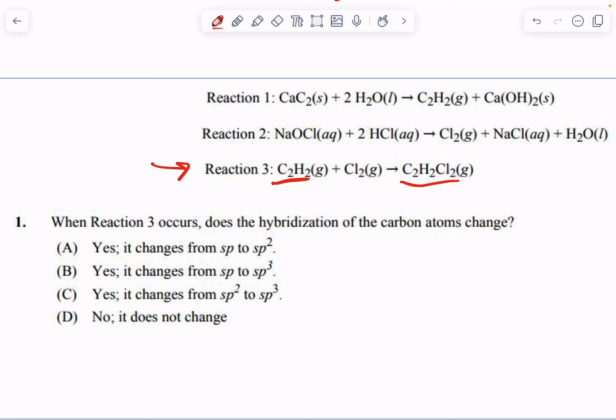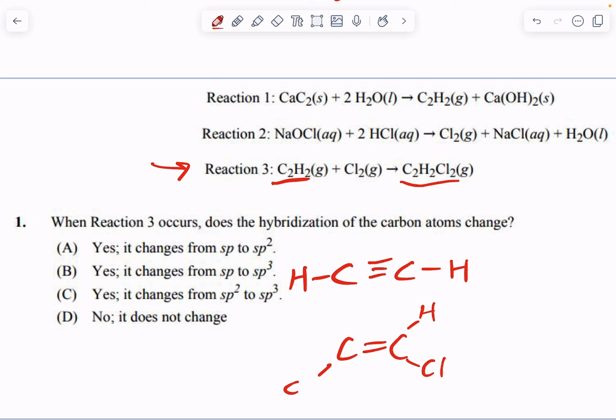Okay, C2H2 is going to look something like this, and it's linear in shape. Okay, and C2H2Cl2 is going to look something like this. Okay, and it is no longer linear. It is now trigonal planar.